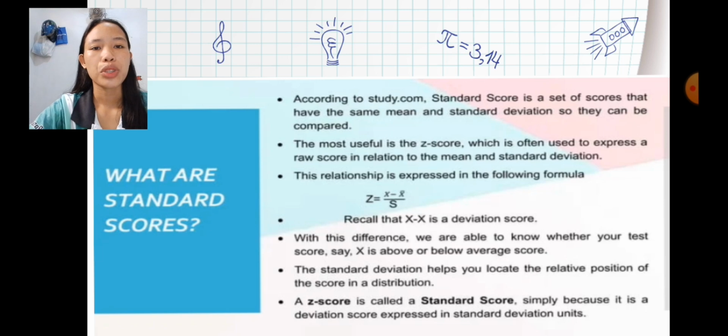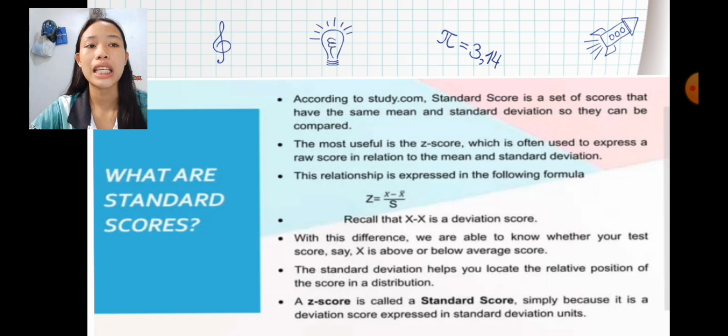So let's proceed to the standard scores. What are standard scores? According to study.com, a standard score is a set of scores that have the same mean and standard deviation so they can be compared.